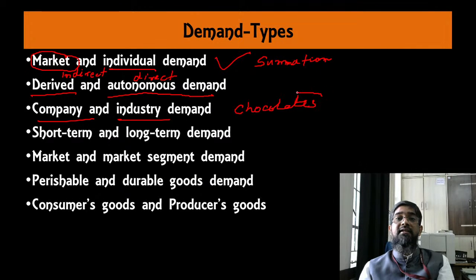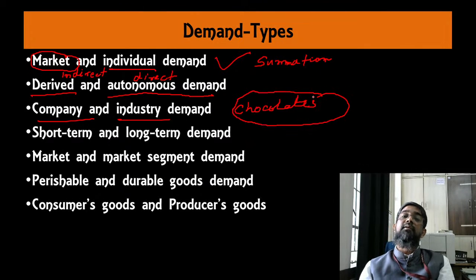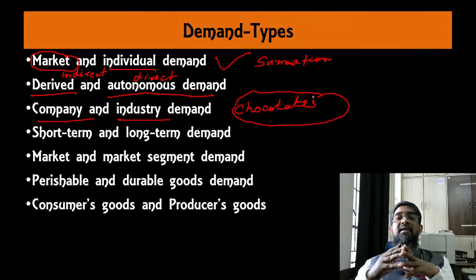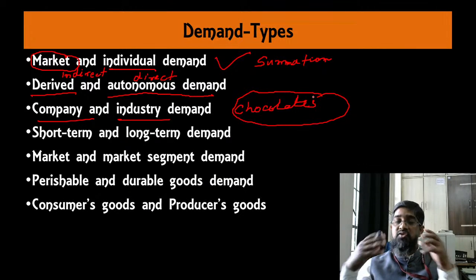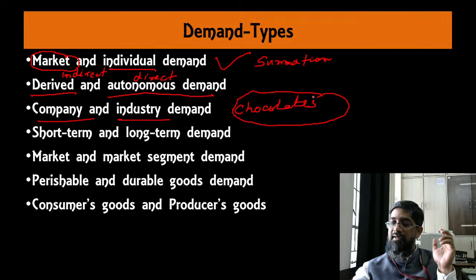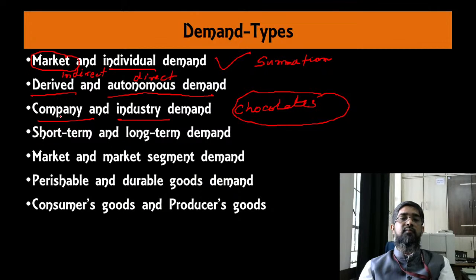Whereas this chocolate industry overall, बाकी के और सारे कंपनीज हैं जो चॉकलेट्स बनाते हैं, सारे का summation जो होगा that will be industry demand. Chocolate demand in general irrespective of company is known as industry demand. Okay, that is the difference between company demand and industry demand.